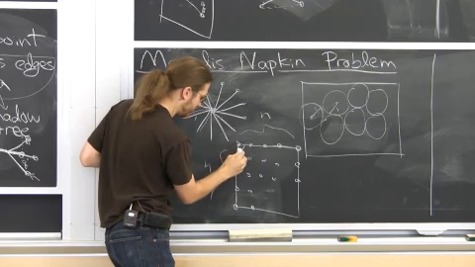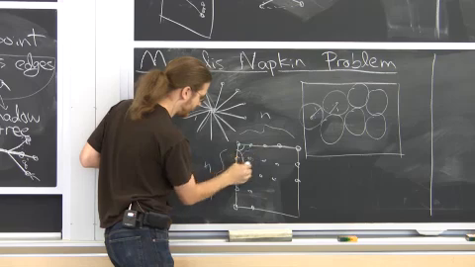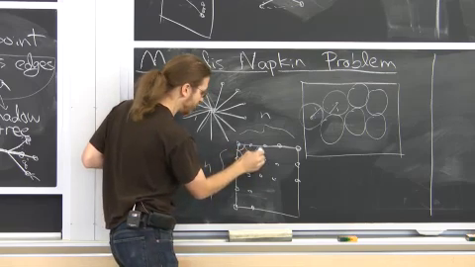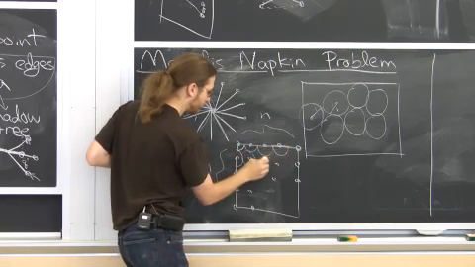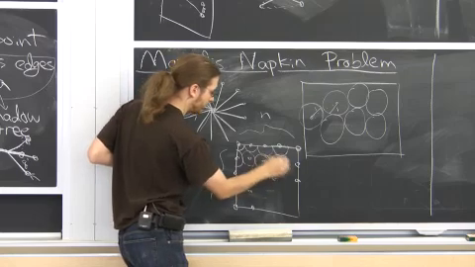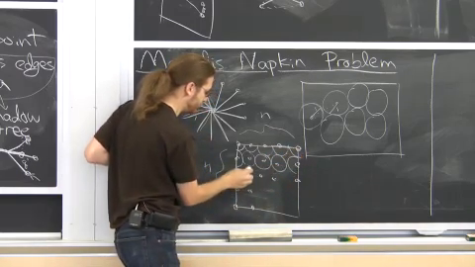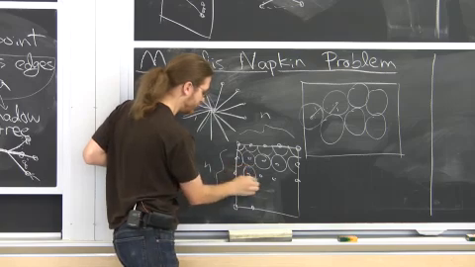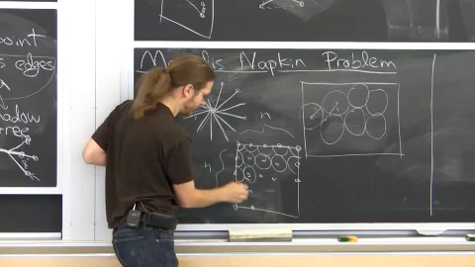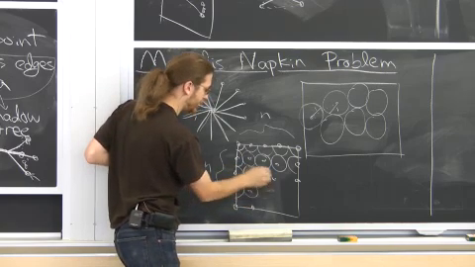And I'm going to set the size of my disks so that these guys just barely touch. Okay, this is actually not a terribly good packing. You should do a triangular grid instead of a square grid. But it'll be good enough asymptotically. Okay, you get the idea.